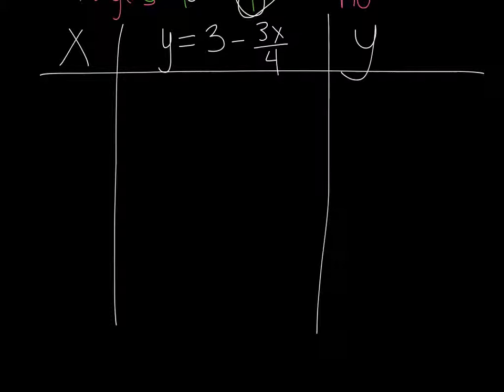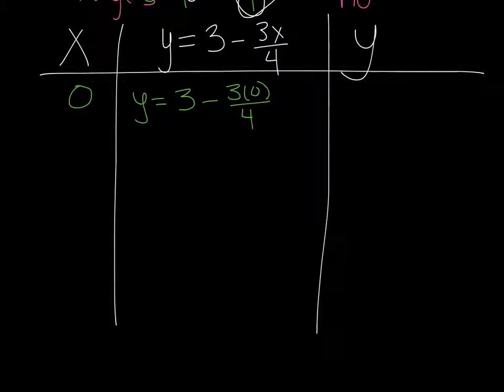Okay, so if I'm looking for a starting point, maybe I want to find what's the smallest value x could be. 0, right? That's the smallest whole number. So the first place we're going to start is we're going to plug 0 in for x. So y equals 3 minus 3 times 0 over 4.